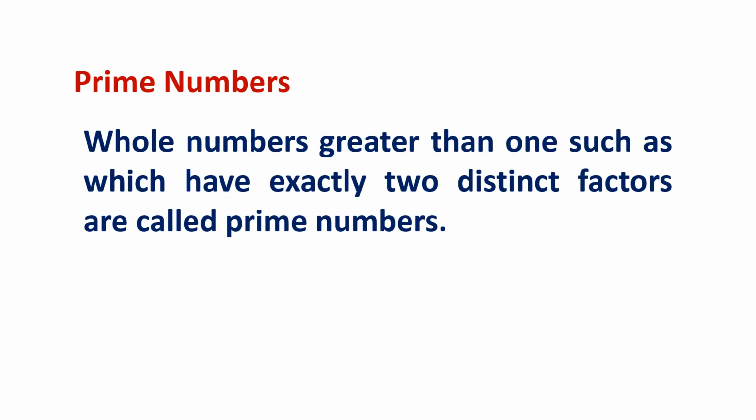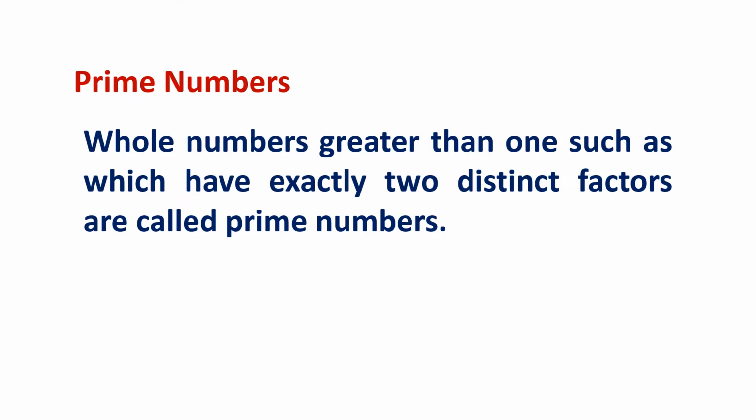We'll move on to its definition. All numbers greater than 1 which have exactly 2 distinct factors are called prime numbers. That means I can put 3 and 5 under prime numbers.